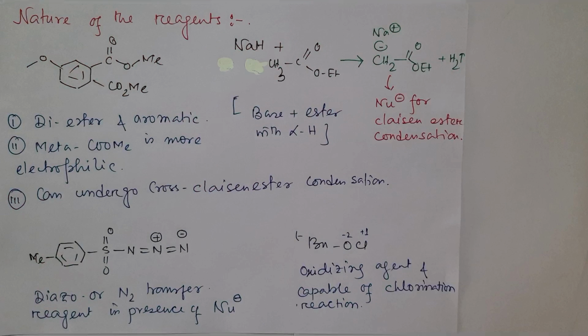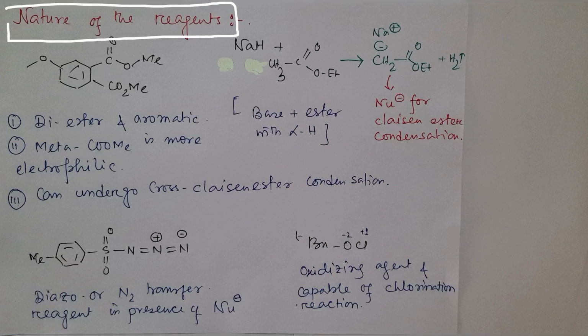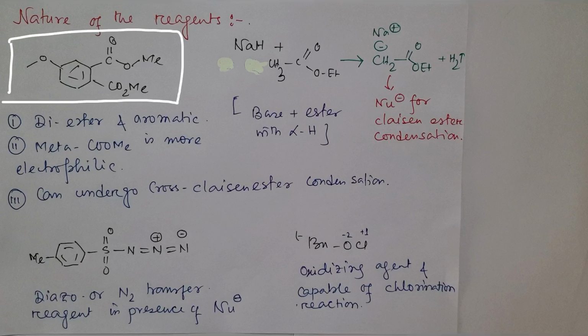So as usual, at first we need to know the nature of the reagent. What is the property of the reagent? See, this molecule is actually a diester. Okay, but it is not symmetrical. Why? See, this OMe is para to this one, and we know that phenolic ethers are ortho-para oriented.